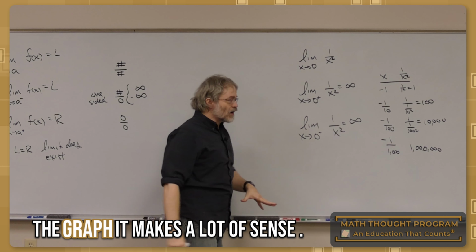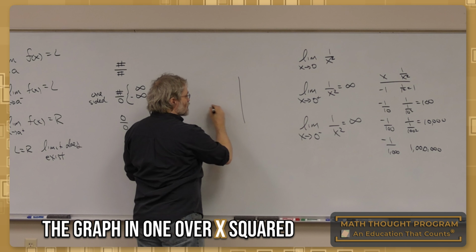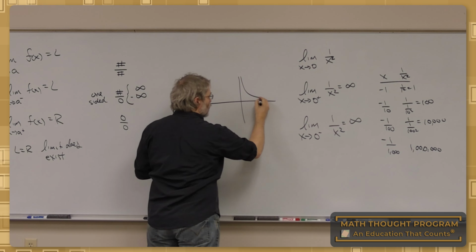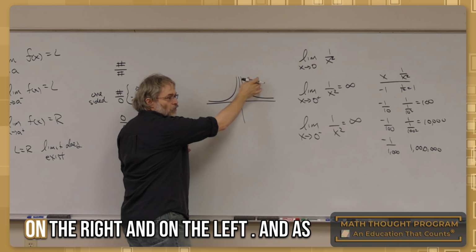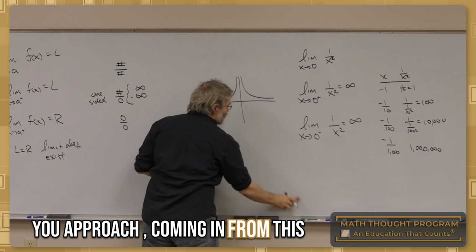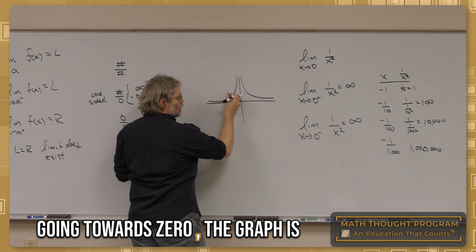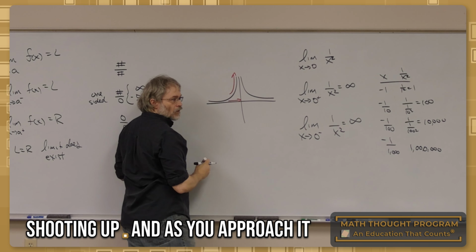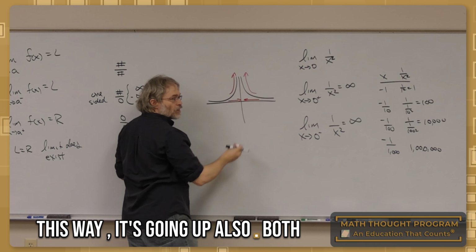And when I look at the graph, it makes a lot of sense. Why? Because the graph of 1 over x squared looks like that, on the right and on the left. And as you approach, coming in from this direction, going towards 0, the graph's shooting up. And as you approach it this way, it's going up also.